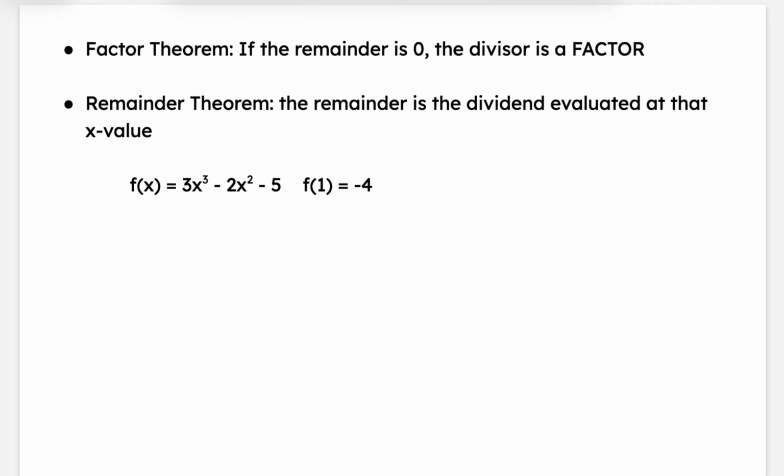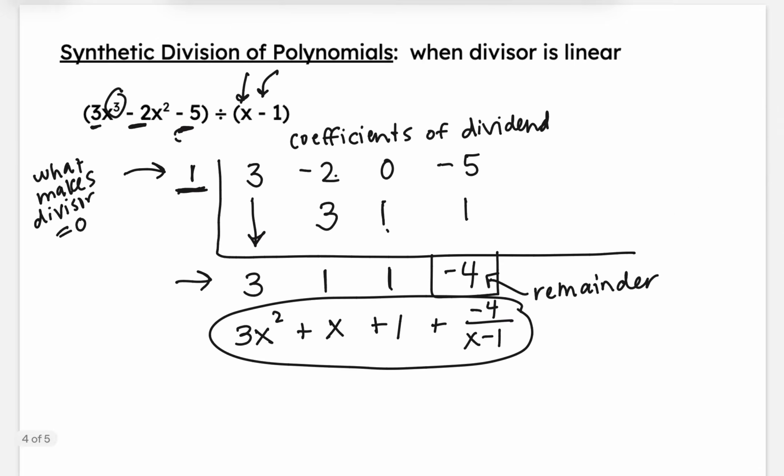The remainder theorem, this says that the remainder of the dividend is the dividend evaluated at that x value. So this is our example from the previous slide. So if we go back here, we got -4 as a remainder.